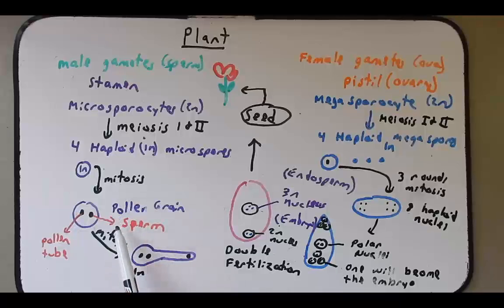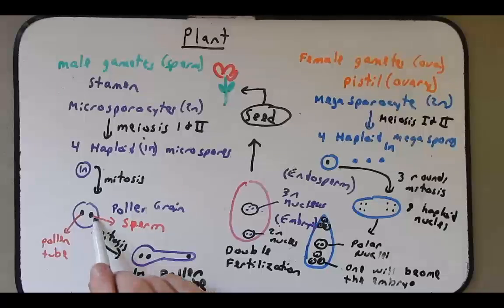The male microspores initially undergo one round of mitosis, producing two nuclei. One will go on to be the sperm nucleus, that will go on to fertilize the egg, and the other is a pollen tube nucleus that is going to be important in forming the pollen tube. Before it forms the pollen tube, the sperm nucleus will undergo one more round of mitosis, producing two haploid nuclei.